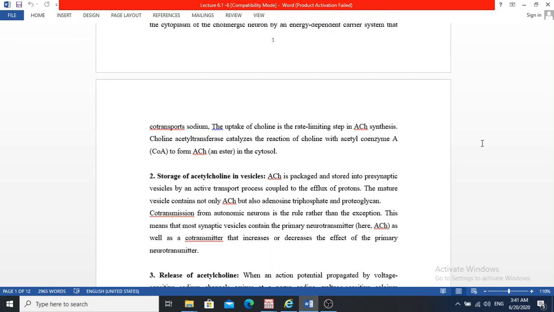Co-transmission from the autonomic nervous system is the rule rather than the exception.